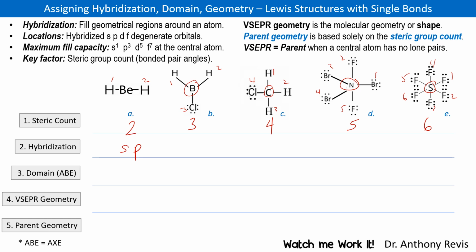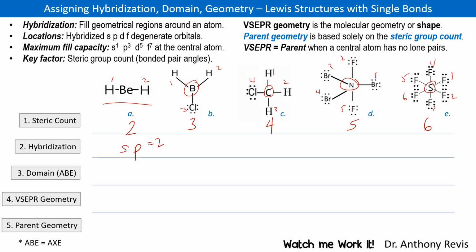One of them's in the S, and one of them's in the P for sp hybridization. The numbers across the top add up to 2, and that's our hybridization. So compound A is sp hybridized.